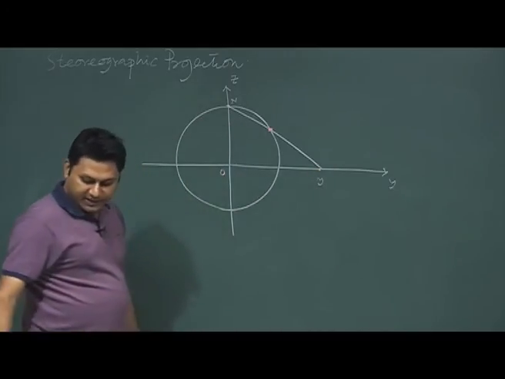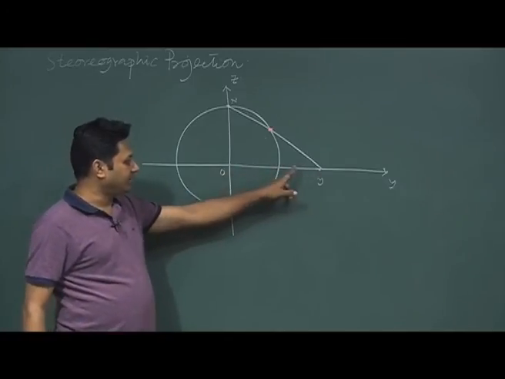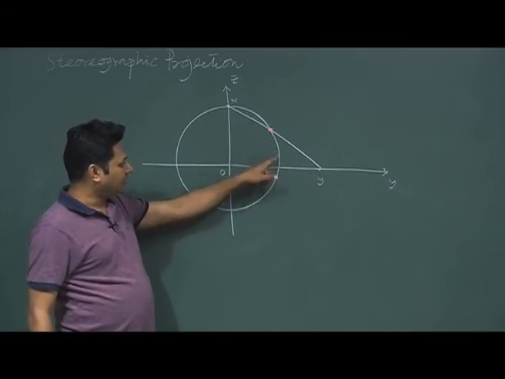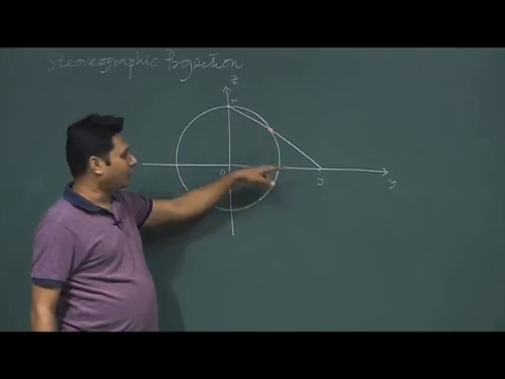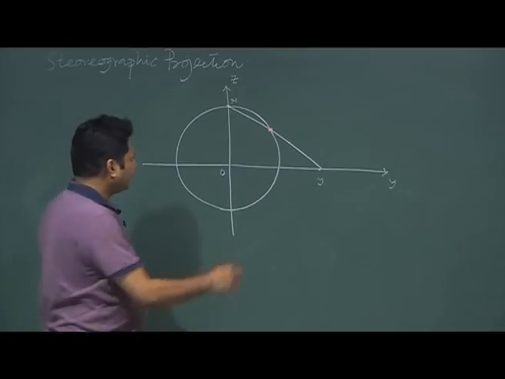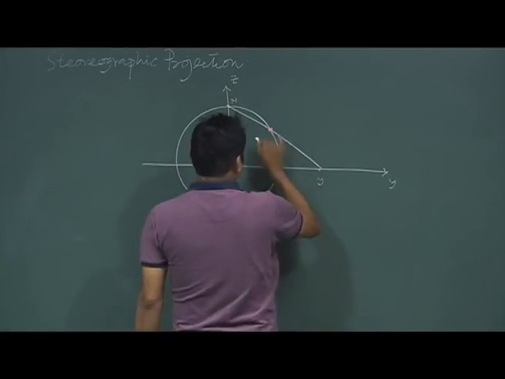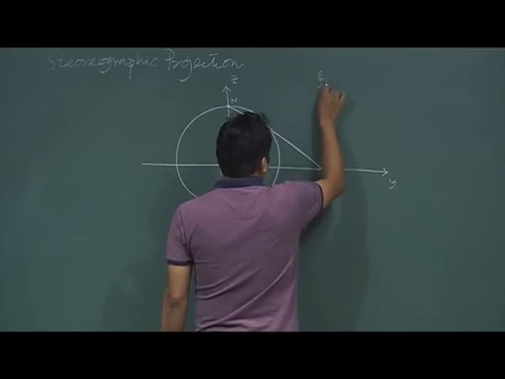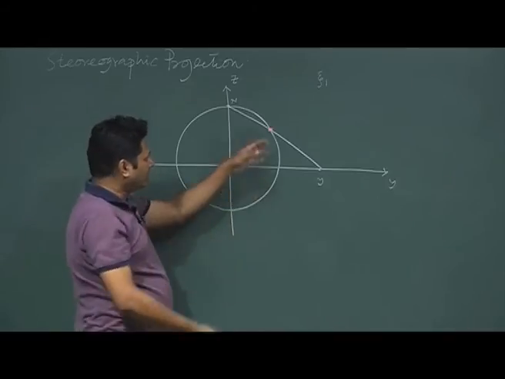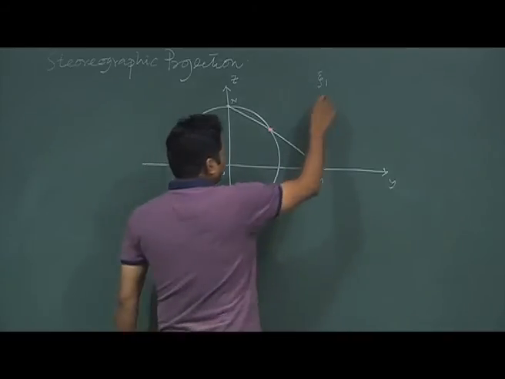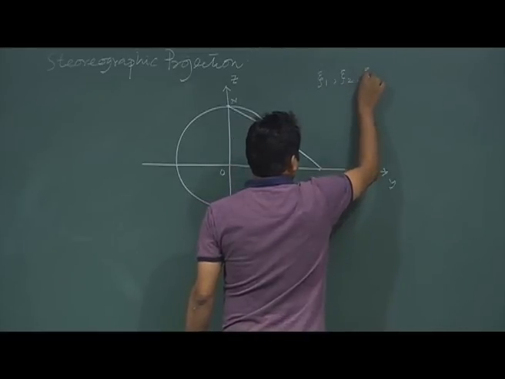So now you can readily understand there is a one-to-one correspondence between this point and this point. If I change this point, the cutting point is going to change. If it is cutting here, this cutting point will change. So there is a one-to-one correspondence. Since it is a unit sphere, I can have coordinates over all the points of this sphere, say psi 1, psi 2 and psi 3.